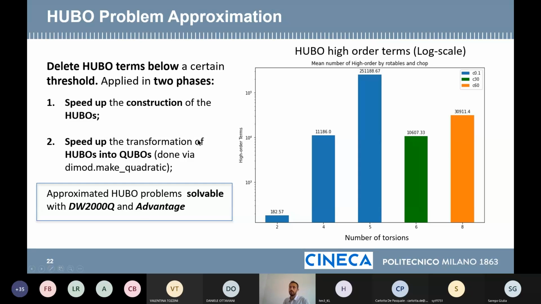And thirdly, with this approximated HUBO we were able to solve the approximated problem on the D-Wave alone. Otherwise the problem was too large. So the idea is quite simple: you approximate and you delete all the terms that are too small compared with the others.